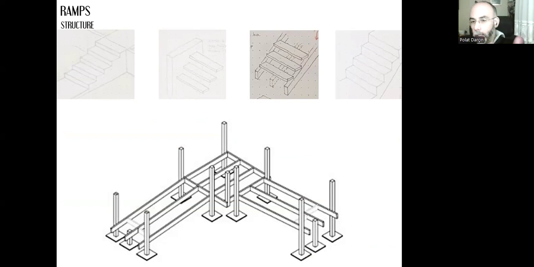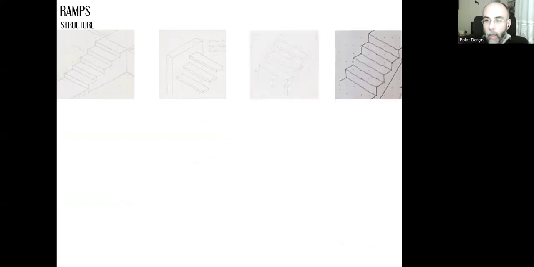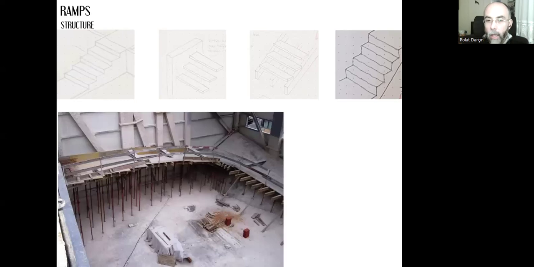And as they get elevated, of course, we need to have vertical components like small columns to transfer the loads to a surface.